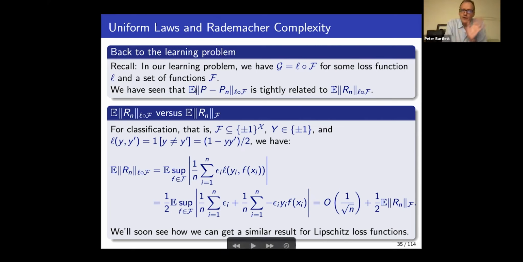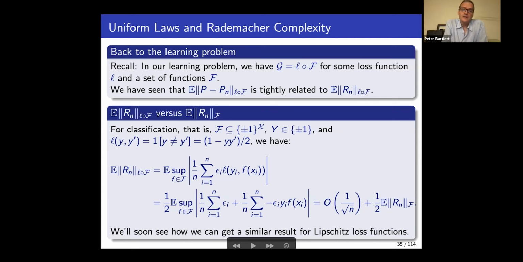So we've got this tight relationship, not just with an expectation, actually, it's concentrated as well. So the relationship between these maximal deviations between expectations and sample averages, maximized over our losses incurred by prediction rules, is tightly related to the Rademacher complexity of that class of losses.